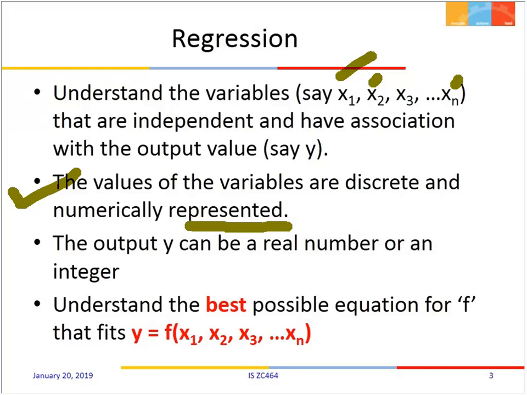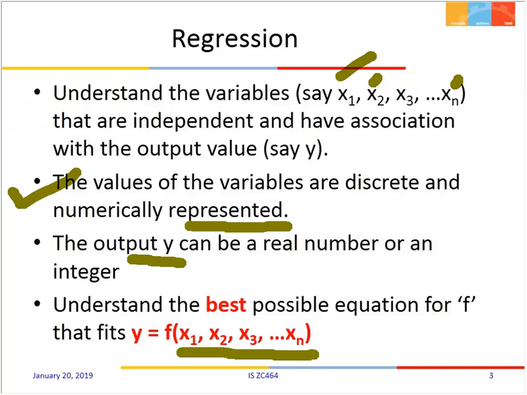So, the output y can be a number, a real number, or an integer. Fine. So, here we have to see that this output y must have its relationship built with the variables x1 to xn.